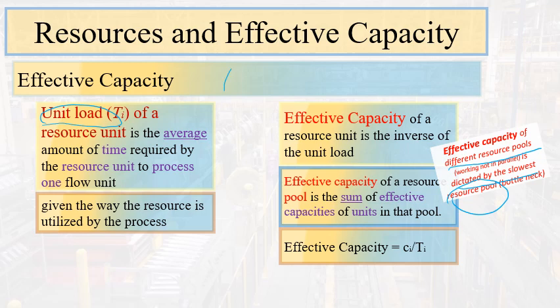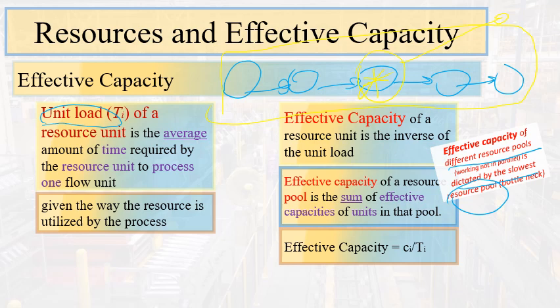Also, if we have processes that are in series, and let's say this one is the bottleneck process, so this process takes longer than all the other processes, then the whole system is going to be dictated by this process. So the effective capacity of this process is basically the effective capacity of the system. So we have to remember this.